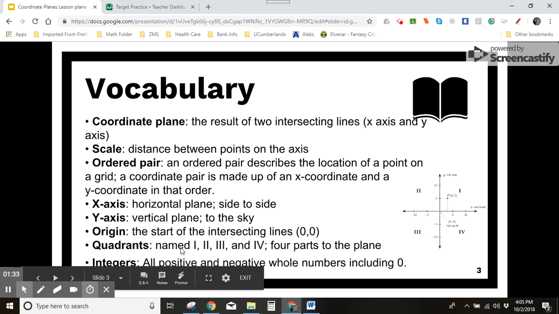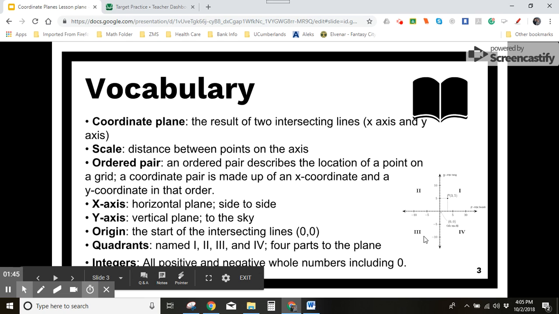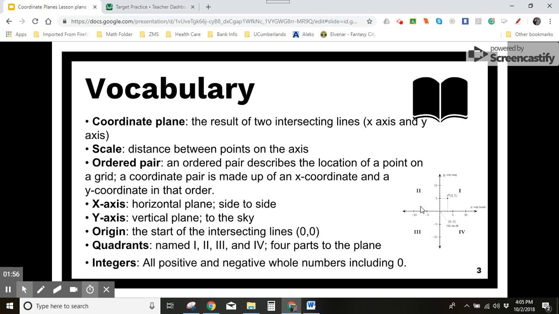Quadrants, something new this year: quad stands for 4. There are 4 quadrants. Quadrant 1, top right. Quadrant 2, top left. Quadrant 3, bottom left. And quadrant 4, bottom right. And of course, all positive and negative whole numbers, including zero, are your integers that are on your scale.